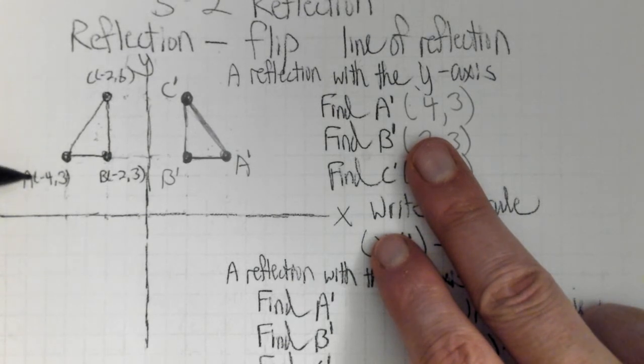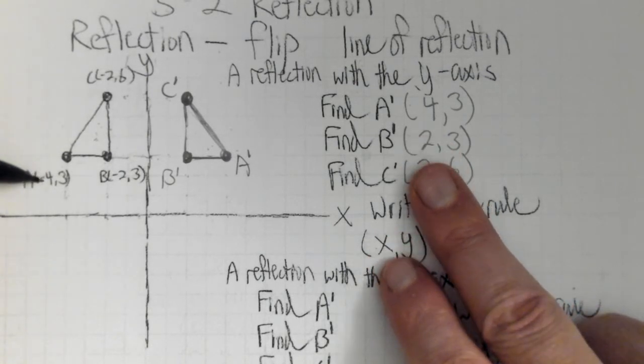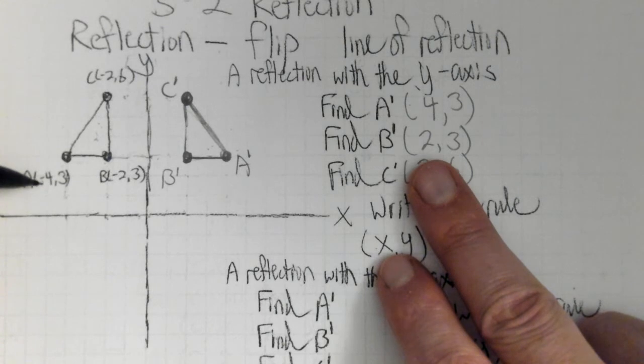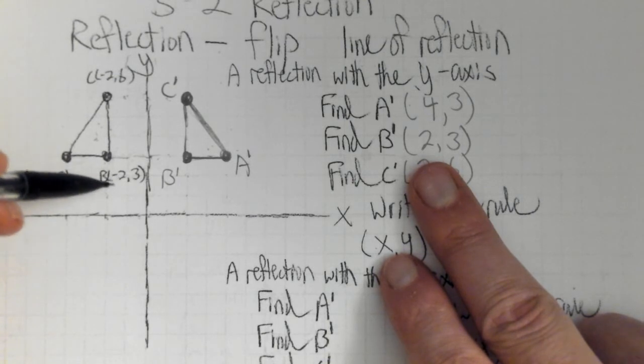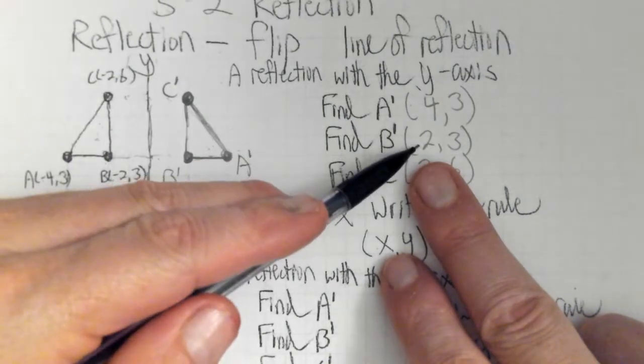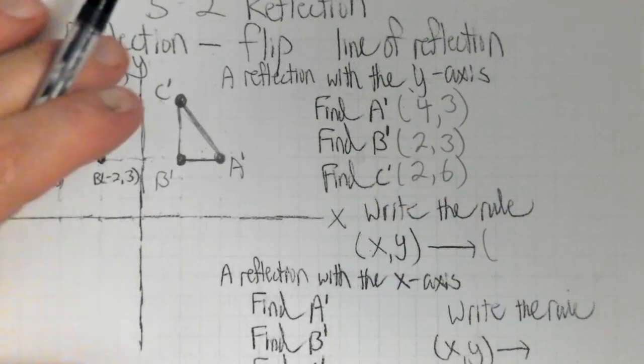Now, here's the thing. A rule has to work for every point. It can't just work for one of the points. So if I'm thinking that that's my rule, add 8, I need to test it out on point B. -2 plus 8 is going to be +6, and that's not what we got for B prime. So obviously that's not the rule.